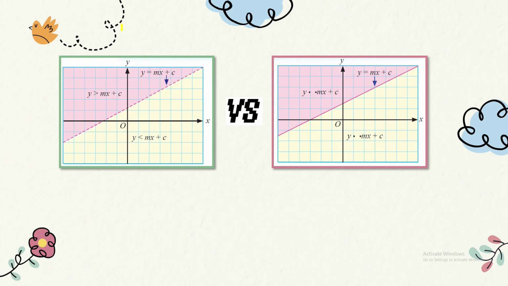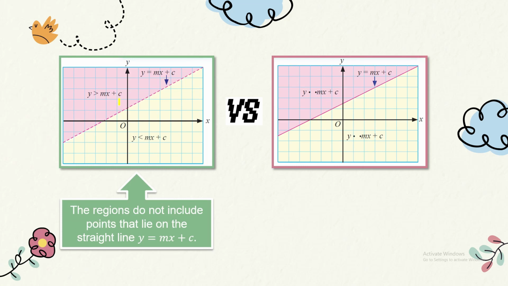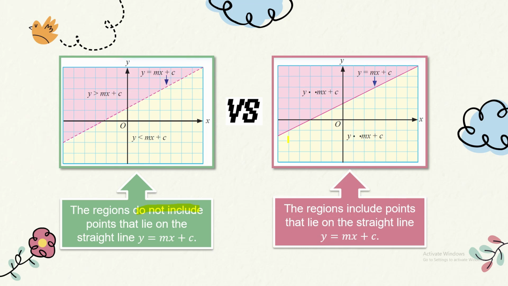Okay, I already told you right now. This is the straight line. This straight line is drawn using a dashed line. If it's drawn using a dashed line, that means the region does not include points that lie on the straight line. If the straight line is a solid line, it involves the sign of higher than or equal or lower than or equal.